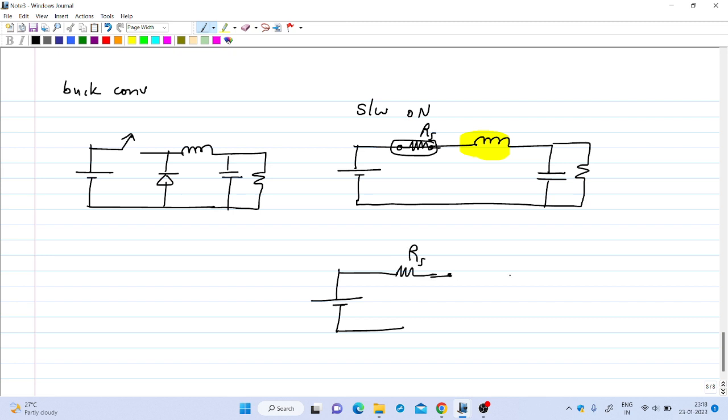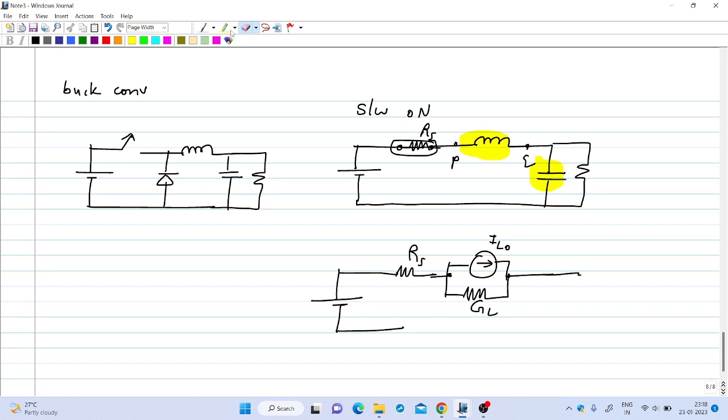Then the inductance between this node P and node Q is shown by an equivalent conductance GL parallel with a current source IL0. And for this capacitance, we have another equivalent circuit that we saw before.